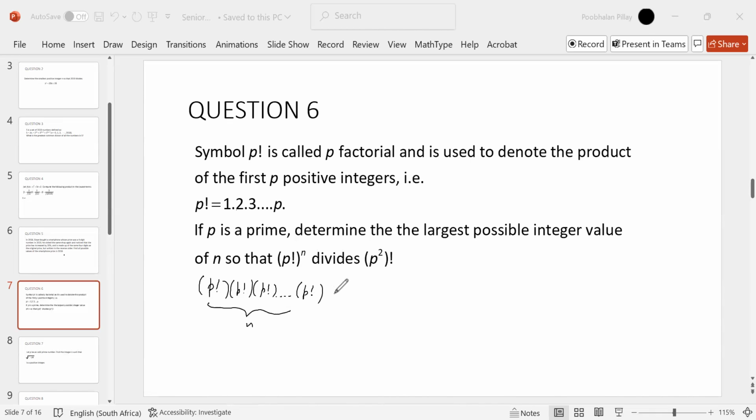And you want that to be a factor of P squared factorial, which is 1, 2, 3, all the way up to P squared. You want to know what is the largest possible value of n for this to work.